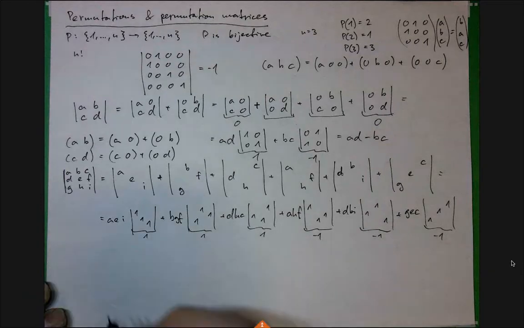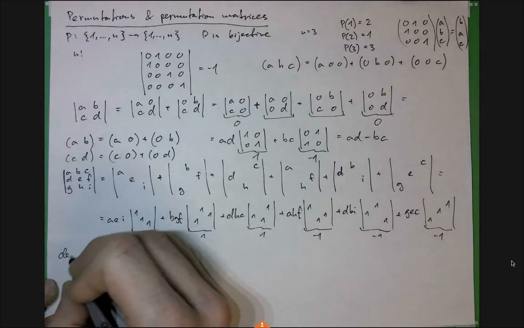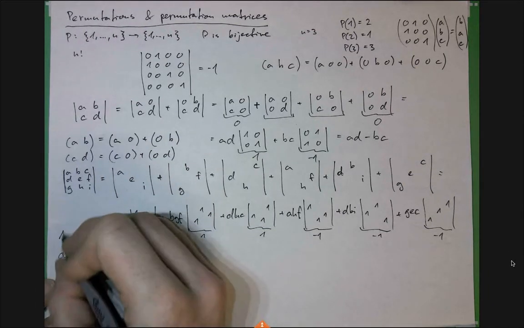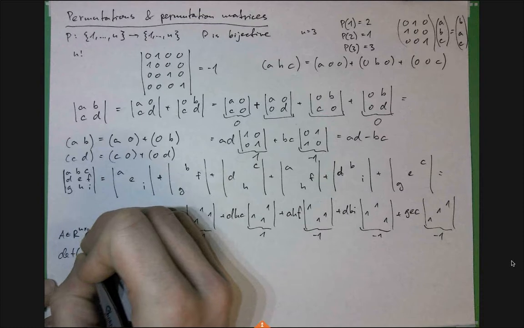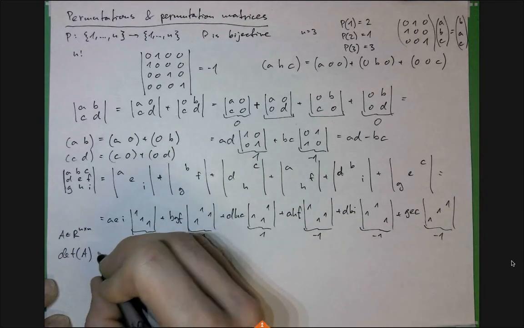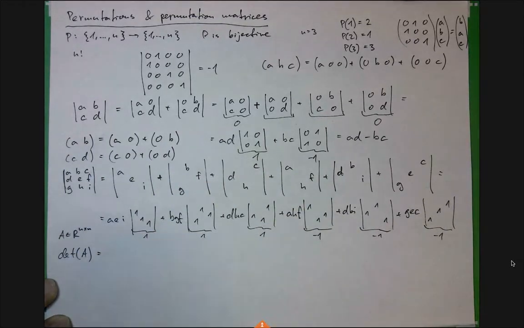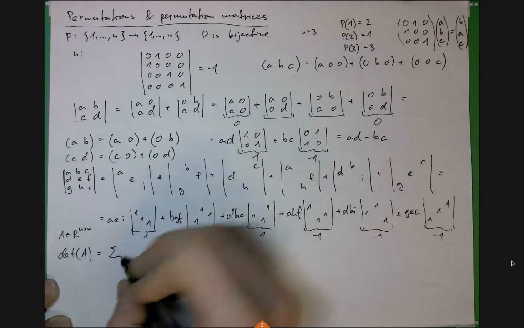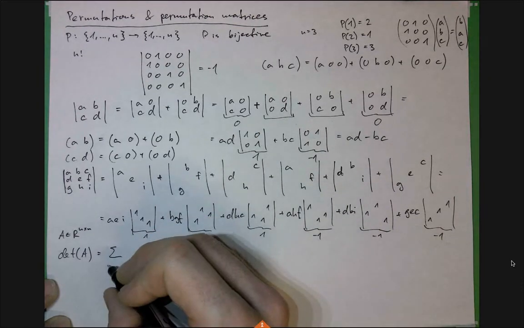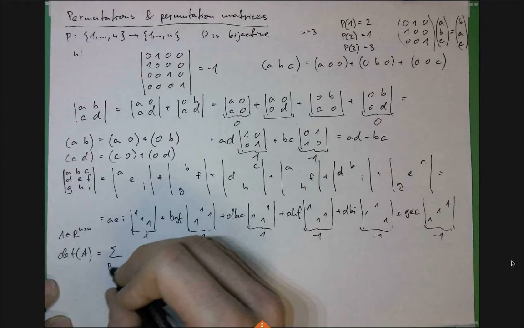And by essentially doing this argument for a general matrix, I can write down, if A is an n by n matrix, what is called the big formula. This is the formula for the determinant of a general matrix. It sums over all permutations.